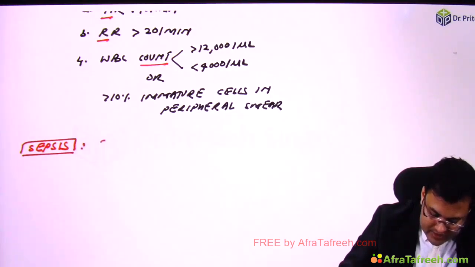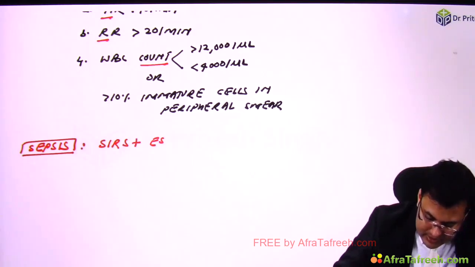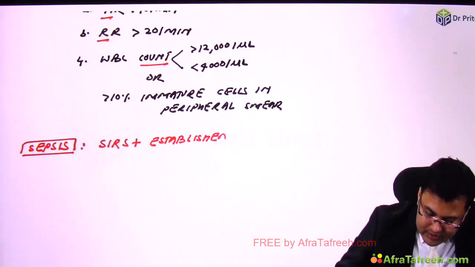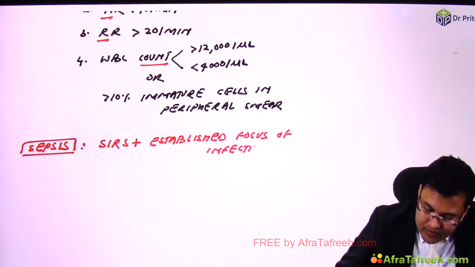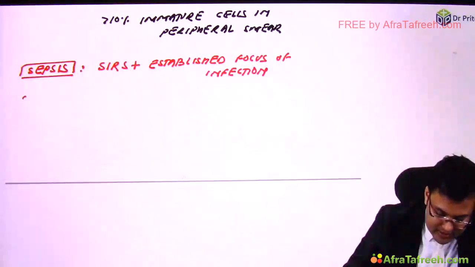After that, what is the definition of sepsis? It's systemic inflammatory response syndrome plus an established focus of infection. So this is sepsis. After that, the question is asked, what is severe sepsis?